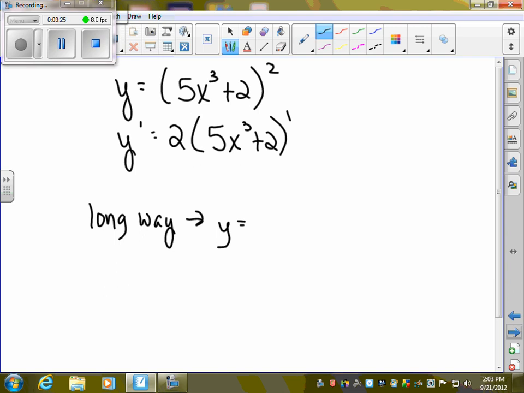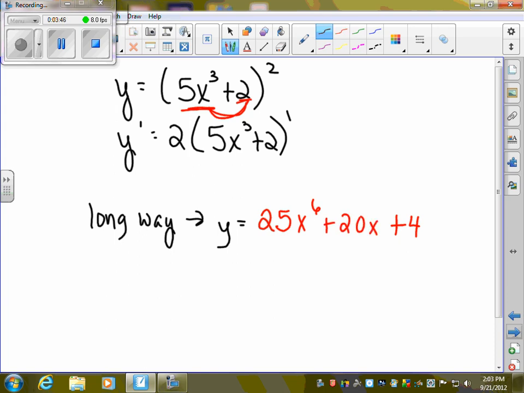We'll square the first term, which gives me 25x to the 6. Square the last term, plus 4. Multiply these together and double it, so that's going to give me a plus 20x.